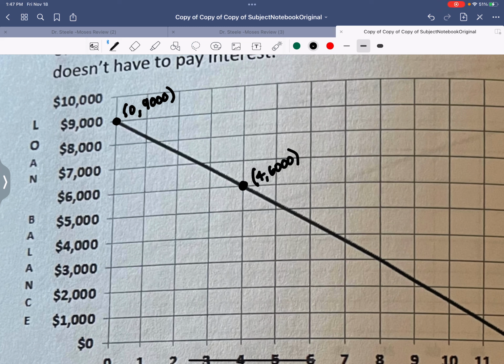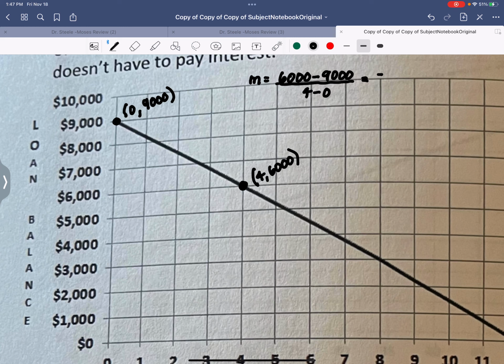So we want to know the slope. We want to know how much this line is changing each time. And so I'm going to use the slope formula of y sub 2 minus y sub 1 over x sub 2 minus x sub 1.